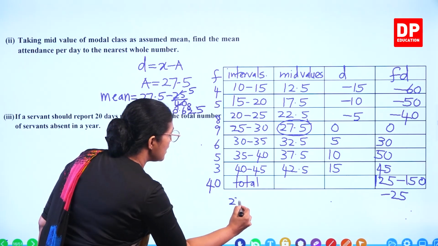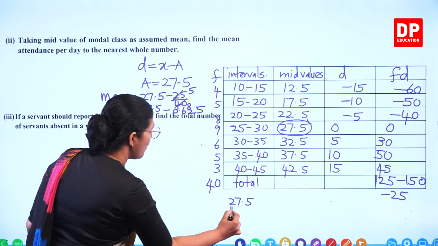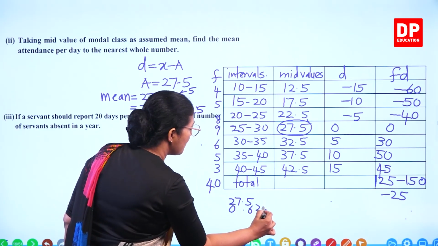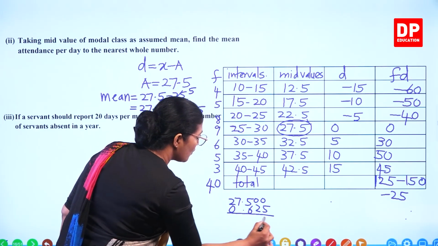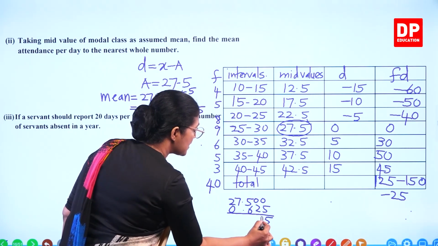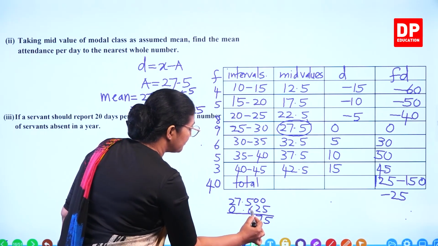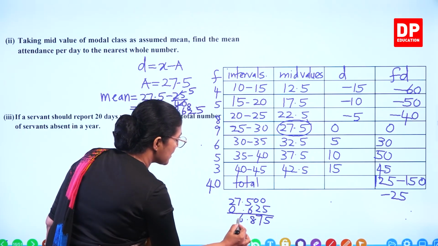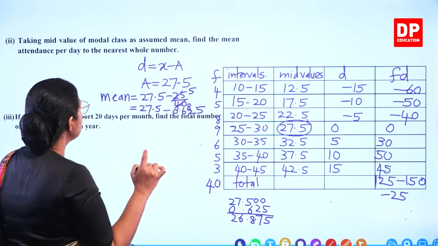We'll do the calculation here, and you get 26.875.